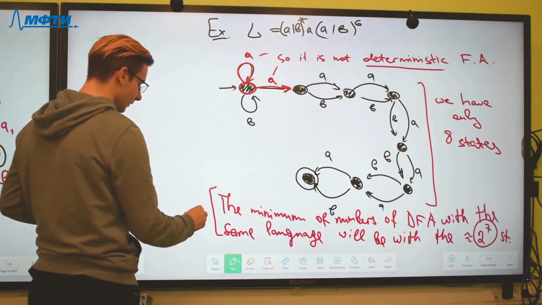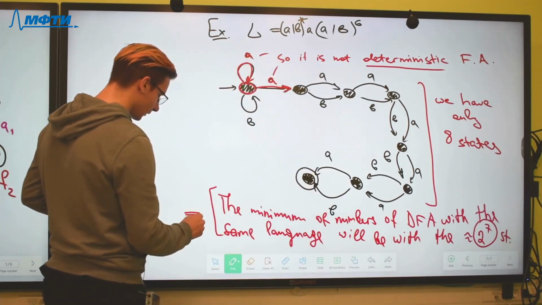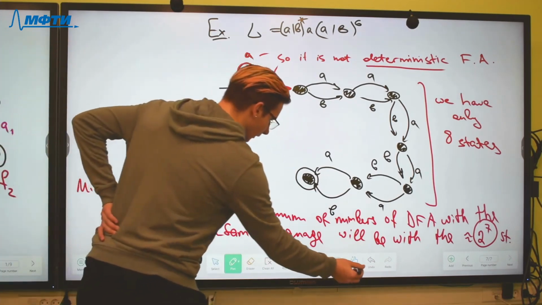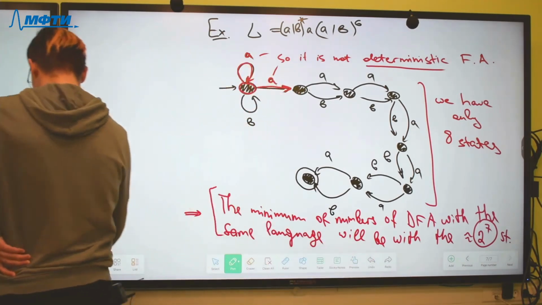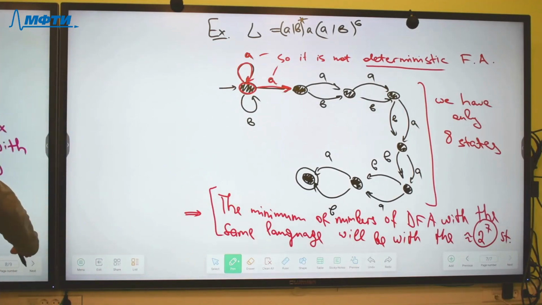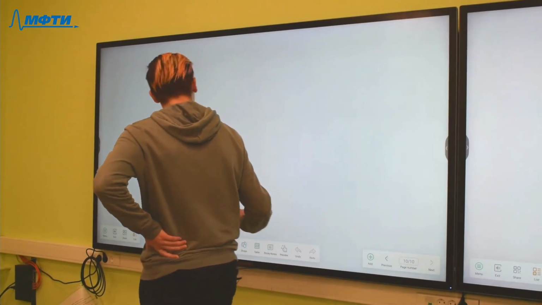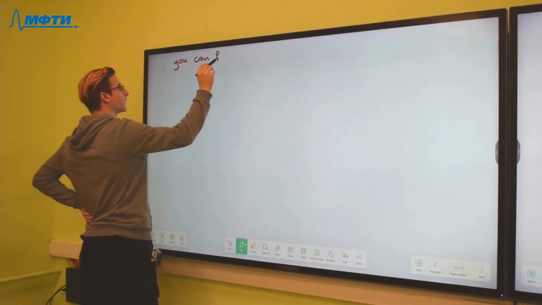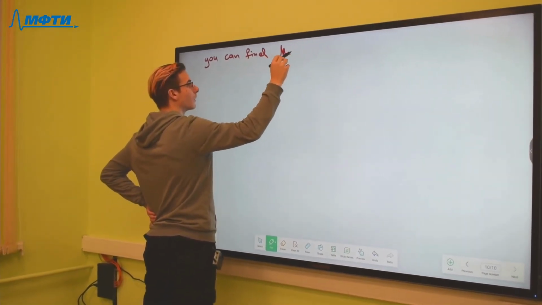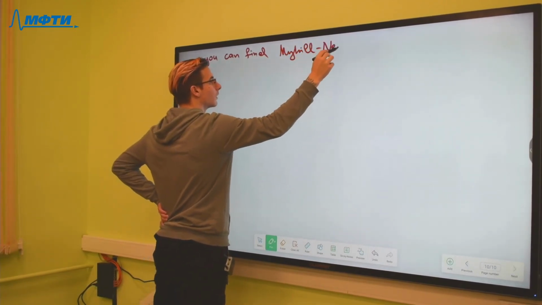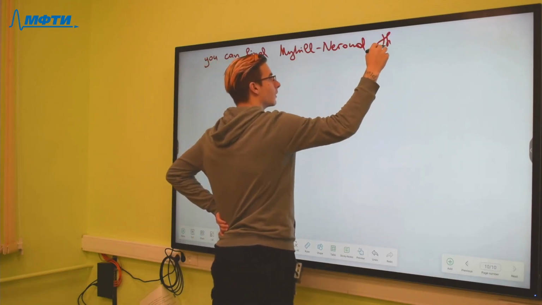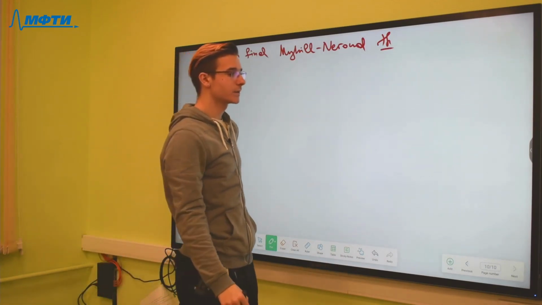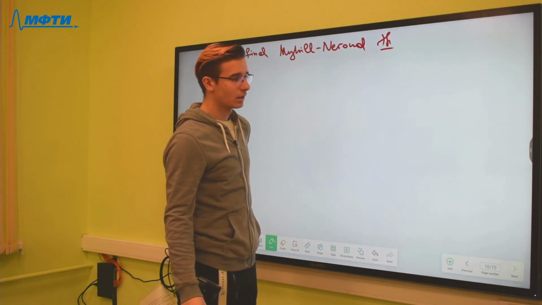And you can find the Michael Nerode theorem that has this statement as a consequence.